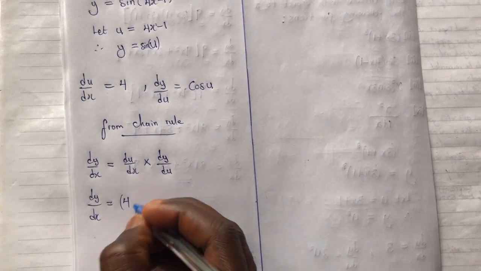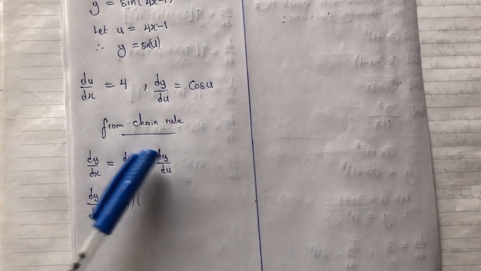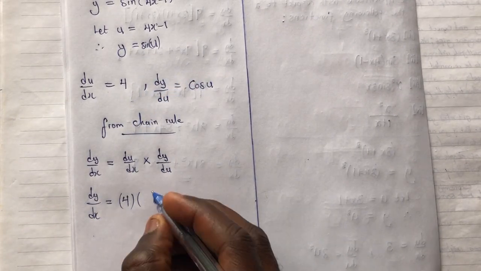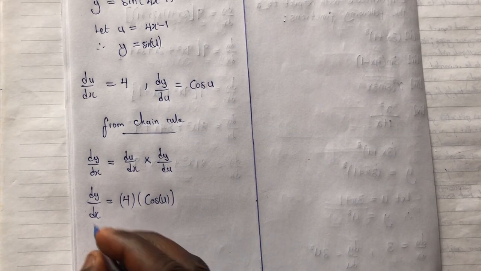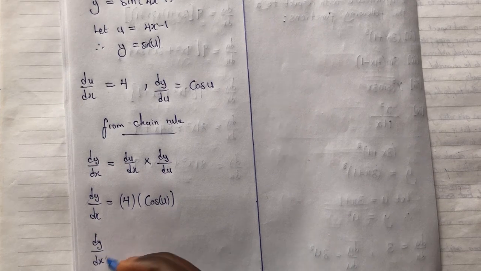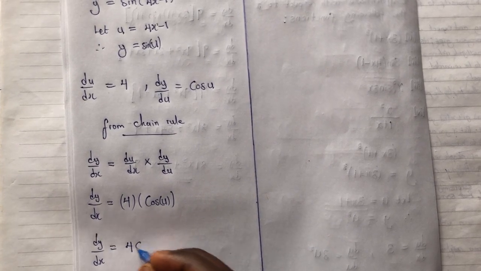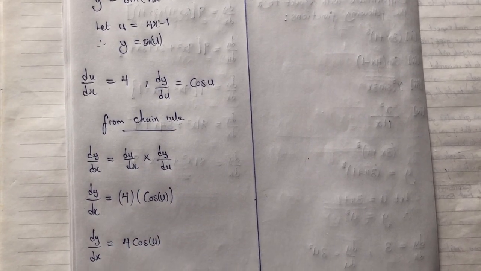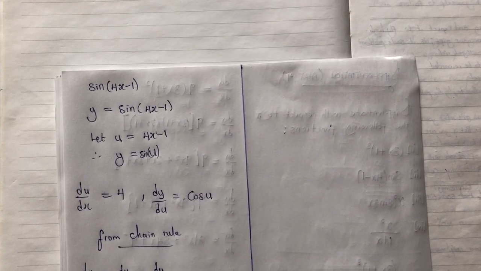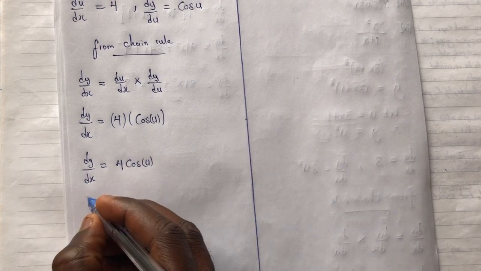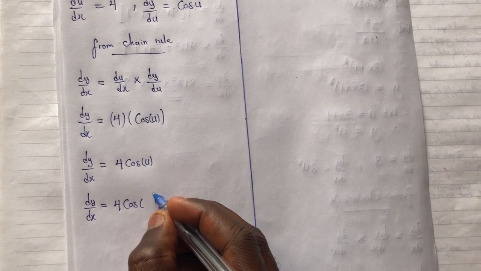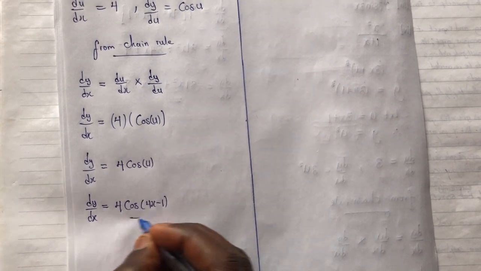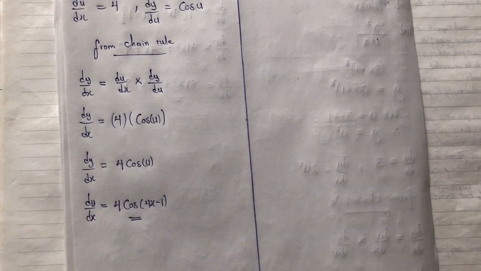So we have 4 multiplying dy/du, what was it? Cos u. So now we can rewrite this as dy/dx giving us 4 cos u. But in the beginning, you said let u be equal to what? 4x - 1. So you substitute it back by saying dy/dx will give us 4 cos(4x - 1). And this is your final answer.